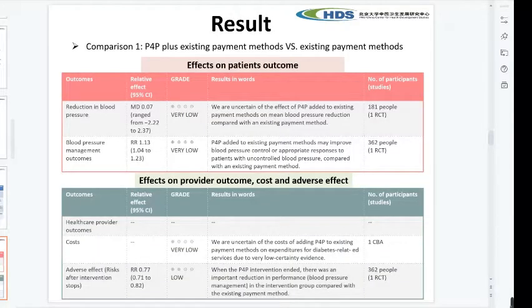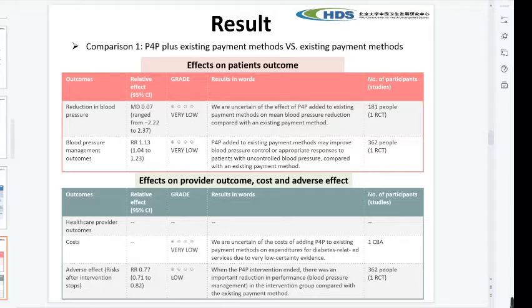The red table shows the outcomes on the patient outcome. We are uncertain if the pay-for-performance added to existing payment methods can improve blood pressure control for the patient, because of the low certainty of evidence.